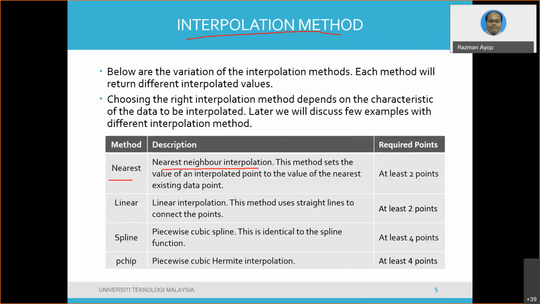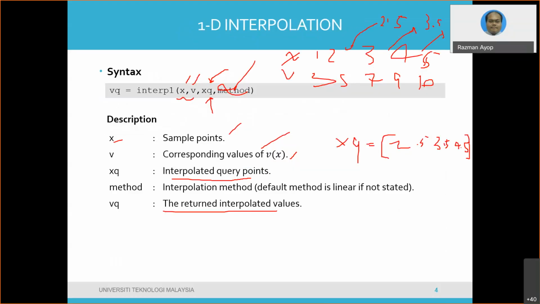For this case you need to have at least 2 points. I will show you what is the difference later. And then linear, this one is linear interpolation, which basically tries to create a straight line connection between 2 points. So this one also needs at least 2 points. This value x and v, you need to have at least 2 numbers.